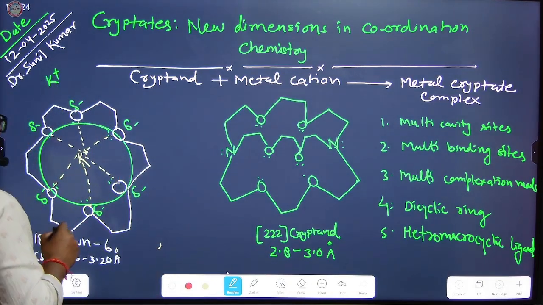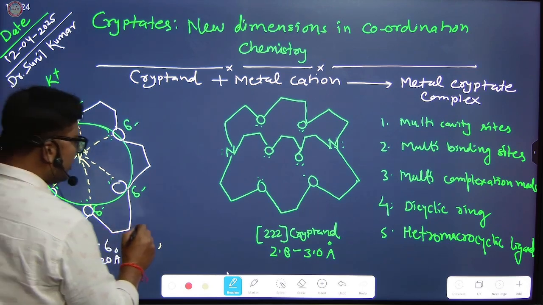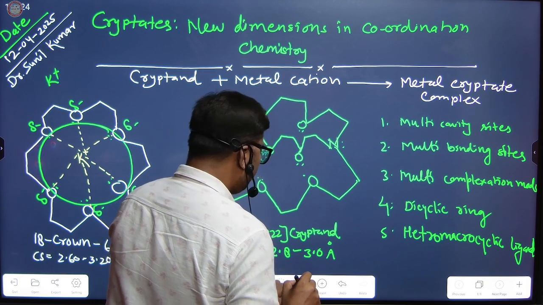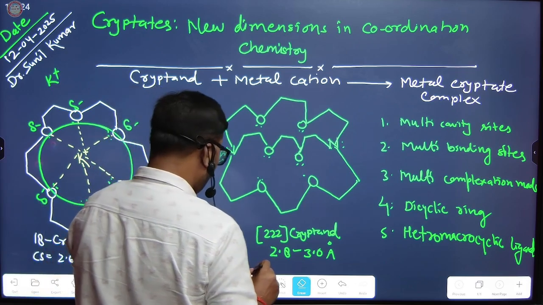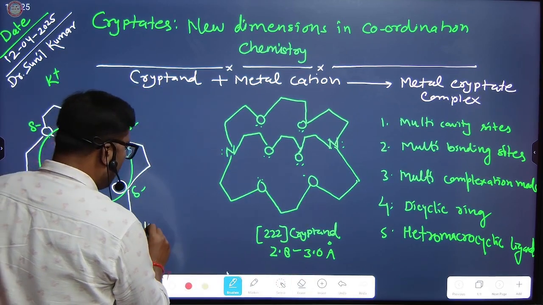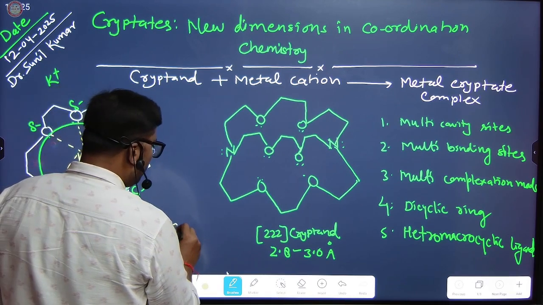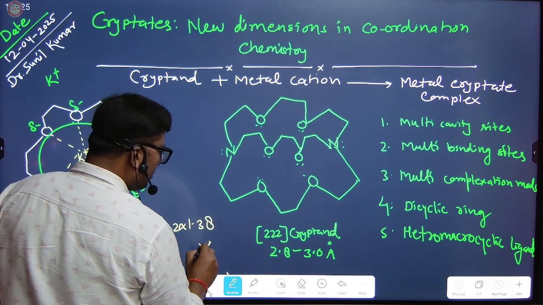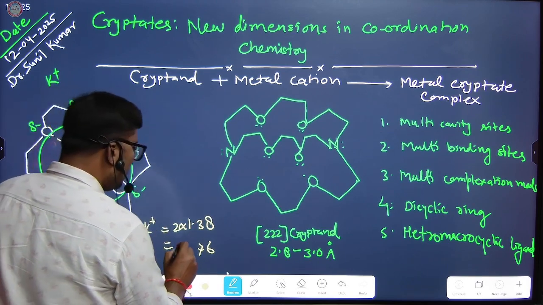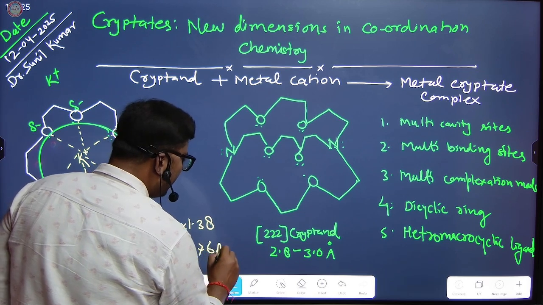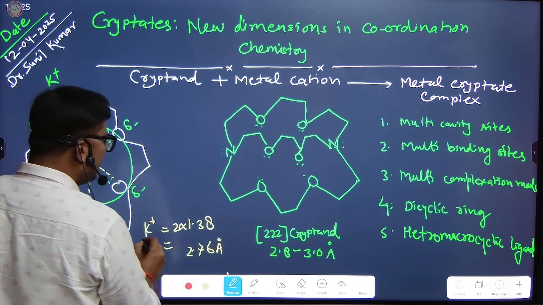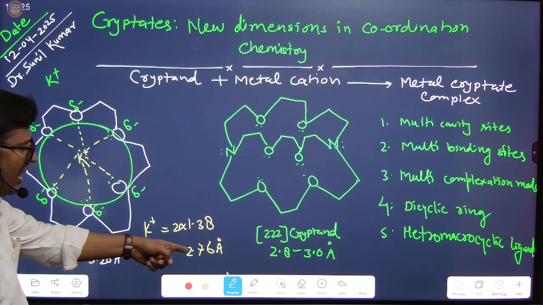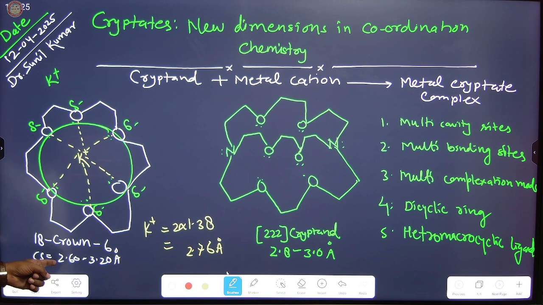Because the ionic size of potassium, K plus, is equal to 2 into 1.38, 2.76 angstrom. So this is the diameter of the potassium ion, 2.76 angstrom, and this size lies in this range.